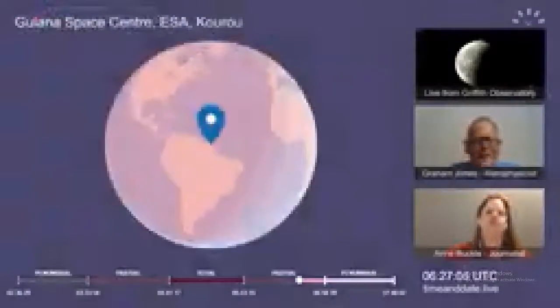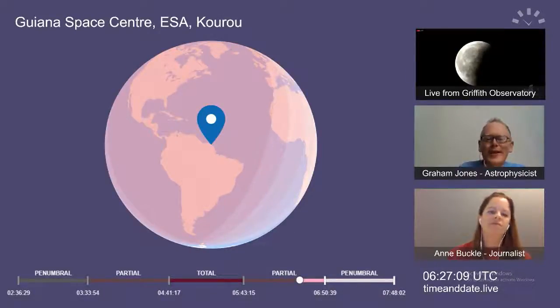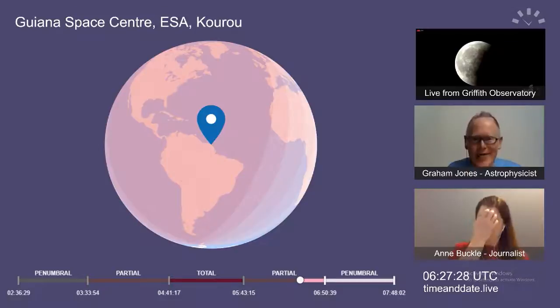This globe shows us that Kourou is in this unique position, in that to the east and to the north there is the Atlantic Ocean. So if ESA are launching rockets to the east, if you're putting a rocket into geostationary orbit, you're launching to the east. Well, there we can see you have a clear path across the Atlantic to the east.